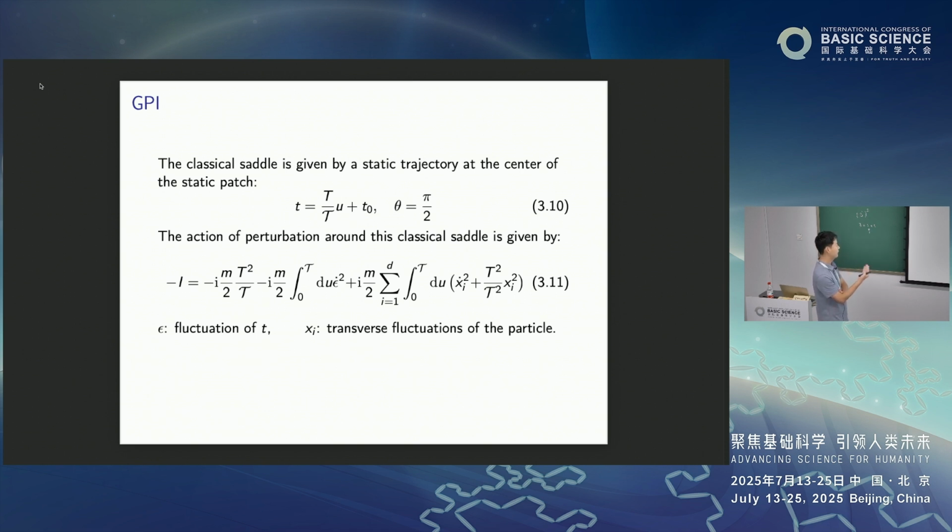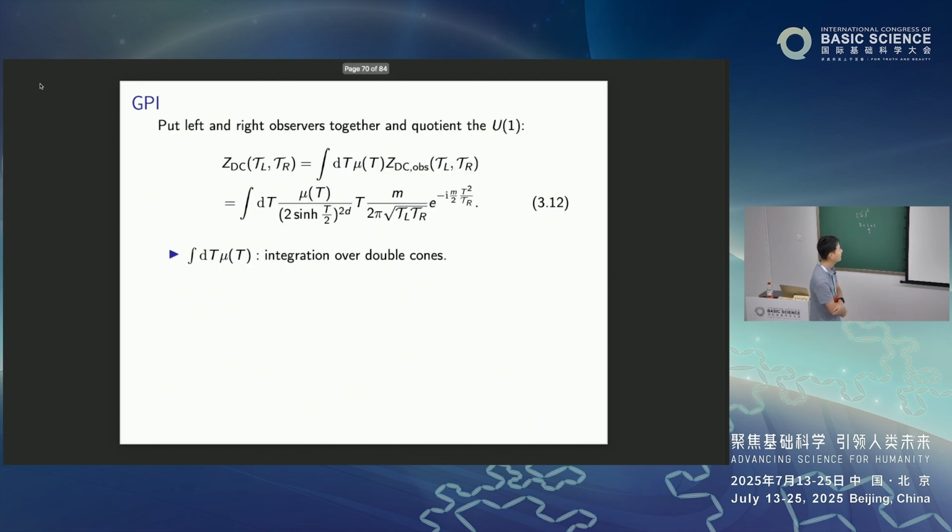Here, epsilon is a fluctuation of this bulk time t, and xi is a transverse fluctuation of the particle. If you do this epsilon integral, you find this one-loop term, and the xi integral gives you a sinh. That tells you nothing but that the particle is unstable in de Sitter, just because de Sitter is expanding.